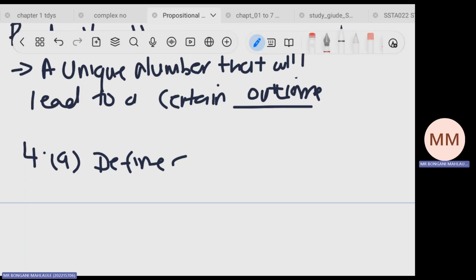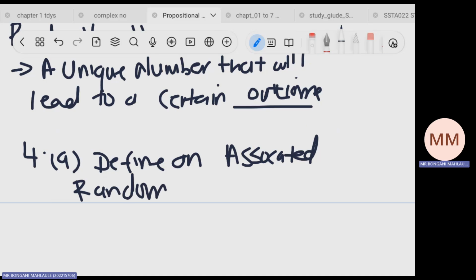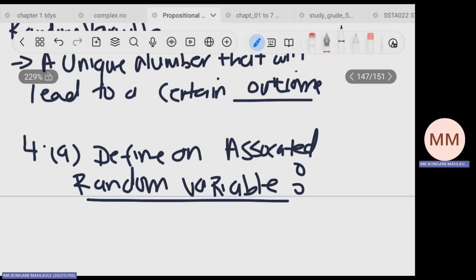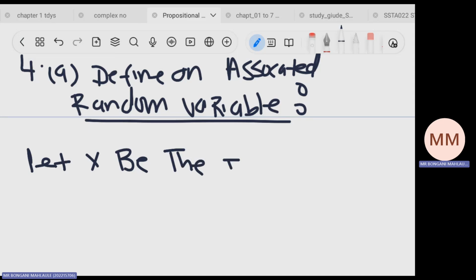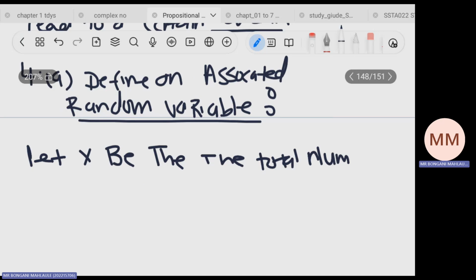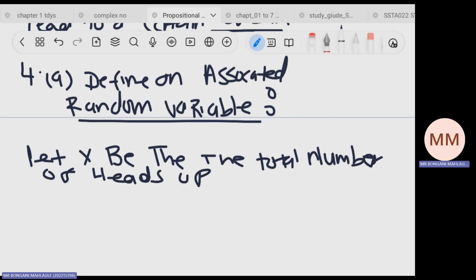They say define an associated random variable. So here they just want us to give an example of a random variable. So we can say let x be the total number of heads obtained in 3 tosses.